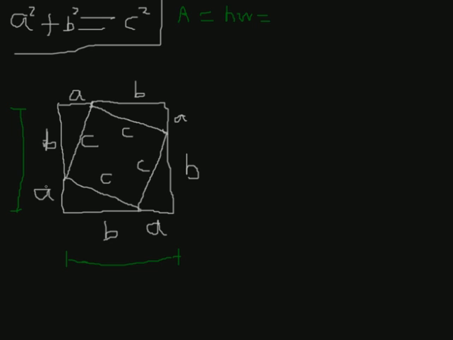So that is equal to A plus B, so this side here is A plus B, so the height is A plus B, because this length here is just A, and then this length is B, so we just add the two together, so A plus B times A plus B.